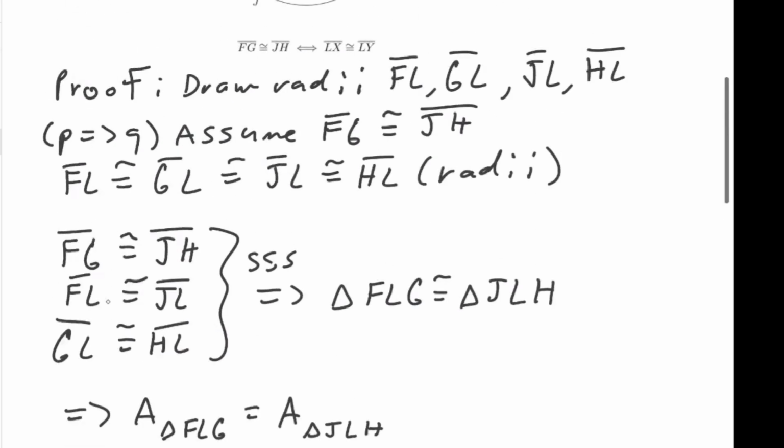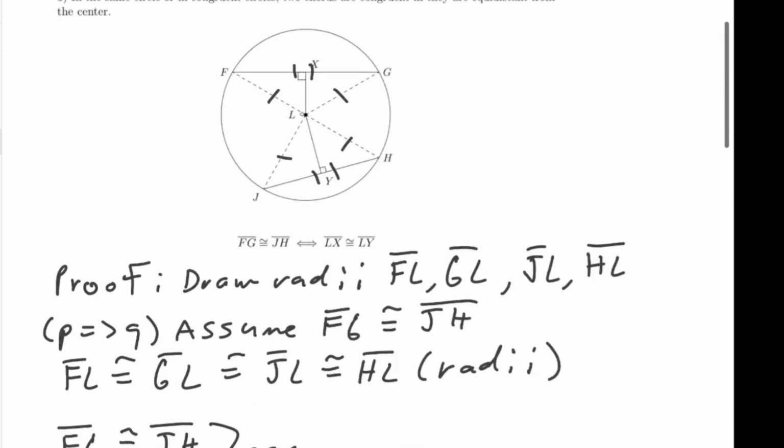So that's how we're going to prove that the heights of these triangles are the same, or that perpendicular distance between the center and those chords. They also act as heights for these triangles.